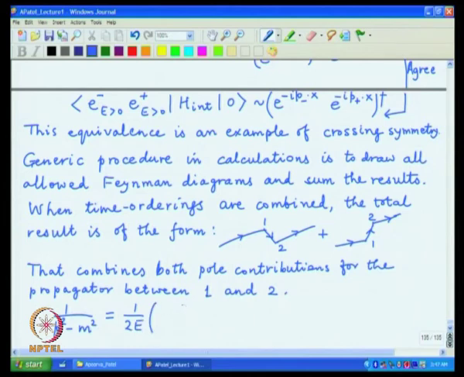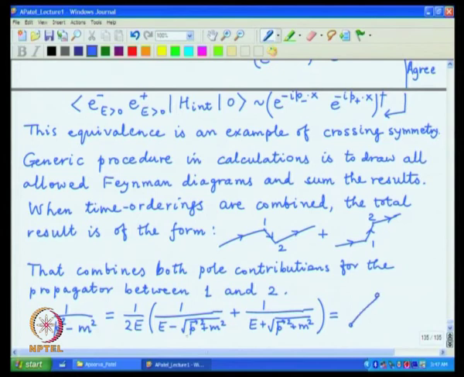It can be written as a positive energy pole plus a negative energy pole, and as long as one uses this total combination, this object is equivalent to the sum of two contributions, where the first is a positive energy pole, so it corresponds to a particle going from 1 to 2 evolving forward in time, and the other one is the same thing, but it is a negative energy part, equivalently the antiparticle corresponding to evolution backward in time.